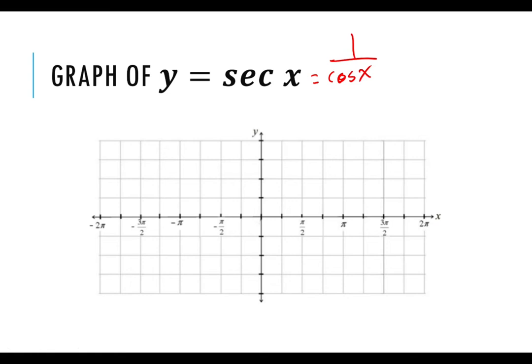Now, another way to do this is if you wanted, you could sketch the cosine function in the background. And I'm going to do it again in yellow just so that it kind of hides behind our actual graph.